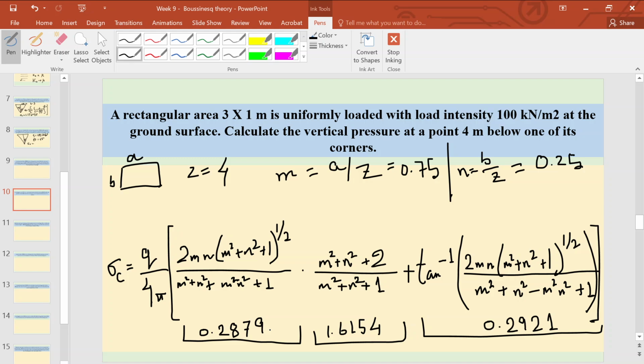Now you solve this, your answer was 6.22. I think using this formula you will get the value of sigma c approximately 6.025.